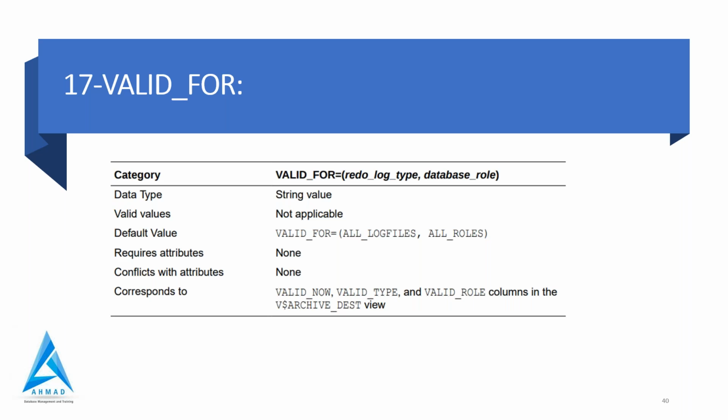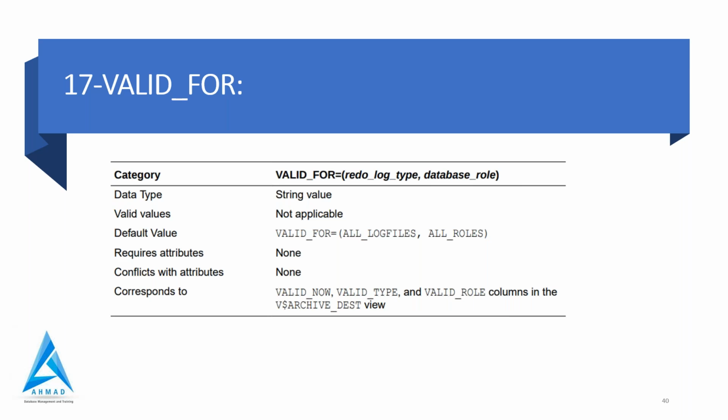The redo log type keyword can be online_logfile, standby_logfile, and all_logfiles. Online_logfile means the destination is only valid when archiving online redo log files. Standby_logfile means when you are archiving standby redo log files.